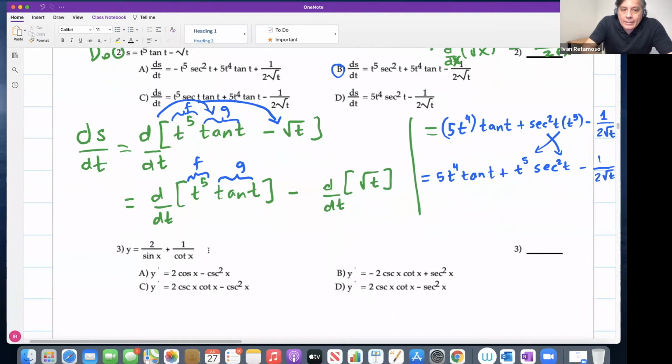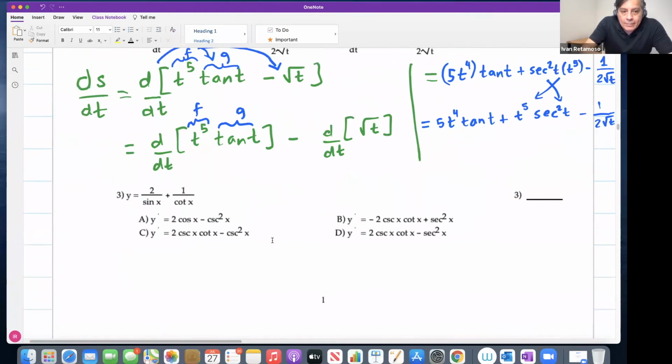You can go ahead and try to use the quotient rule again, but it's going to be really, really tedious because you get a couple of fractions, you have to add them with the LCD and simplify. Sometimes it is better to simplify this trigonometrically and then take the derivative. You will see that this will simplify the differentiation a lot.